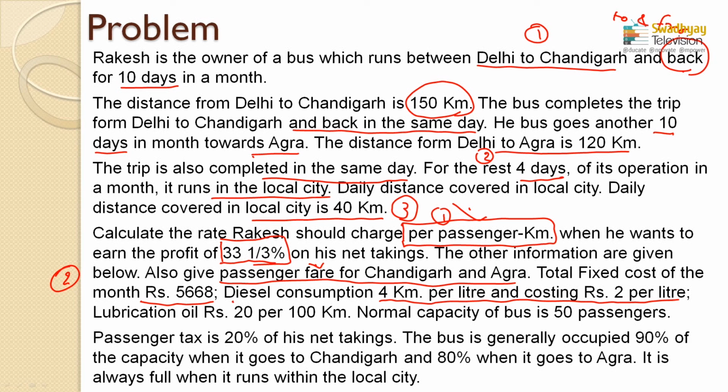Now, we start the variable costs one by one. The first variable cost is diesel. Moving to the next is lubrication oil. It is a lubricant expense. Lubrication oil is rupees 20 per 100 kilometers. This is the second variable cost. The average is already mentioned here, that is 4 kilometers per liter.